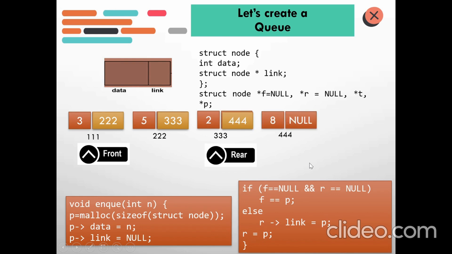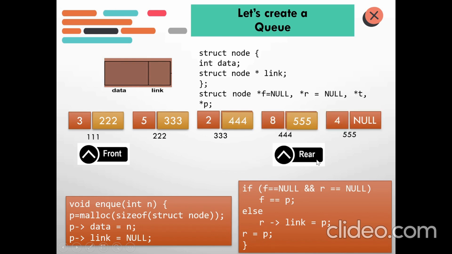And the process will go on. So I am here taking an example of 5 nodes. So this is the last step wherein P was 555, and its address would be stored by its previous adjacent node, which would be this node. So it is storing the address of 555.